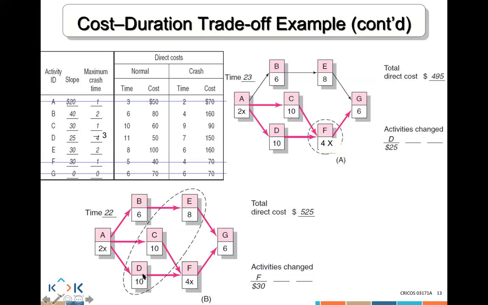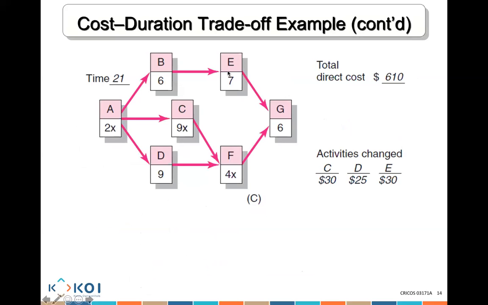And for D, we're going to drop it by 1. So this becomes a 2. And this becomes a 9, because we're reducing that by 1 duration. So this becomes 7, 9x and 9. And this is all the extra activities that you're adding to get the cost of $610. Okay. Thank you. Does that make sense?